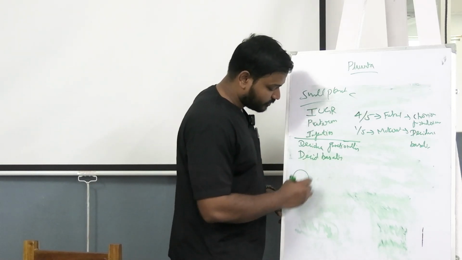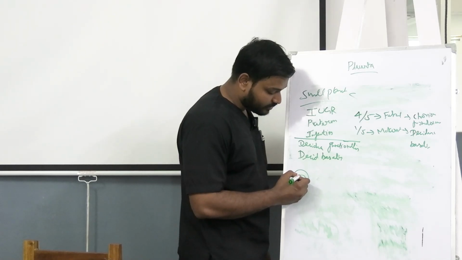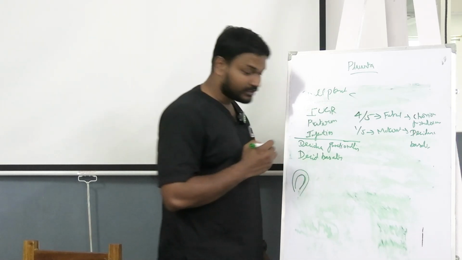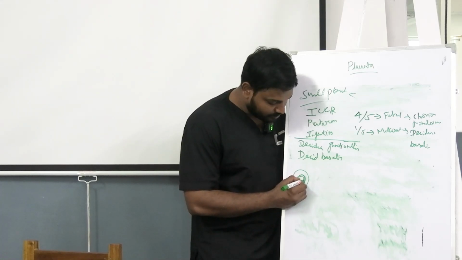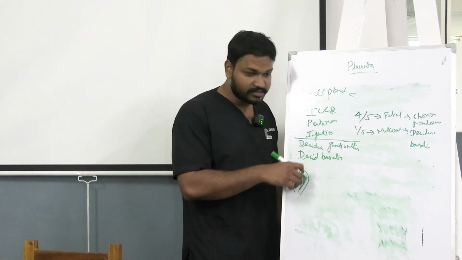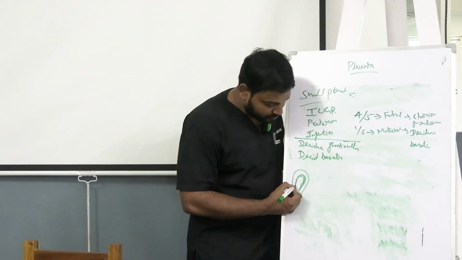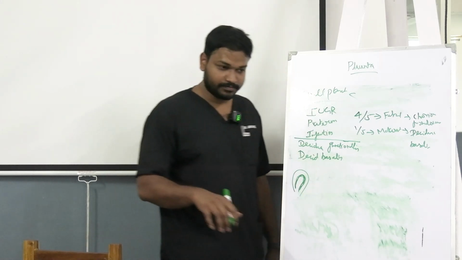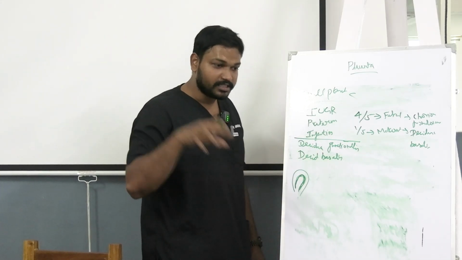This is the uterus, this is the endometrium. The lower part of the endometrium is the decidua basalis, and the next layer is the decidua functionalis. Every time you have menses, bleeding, only this functional layer will shed off.